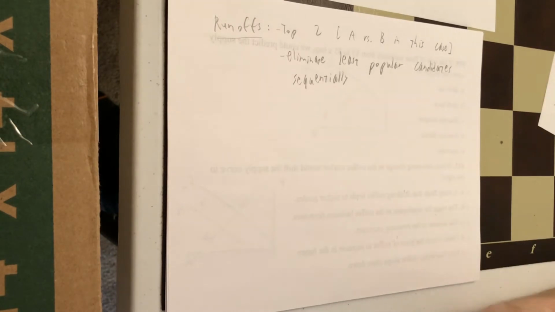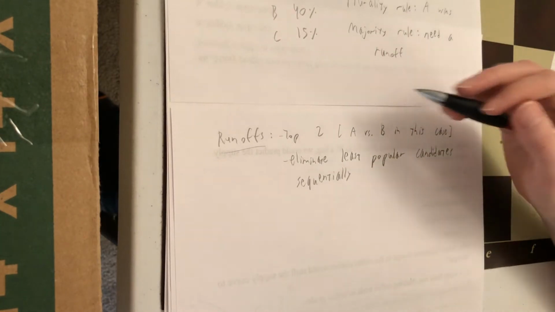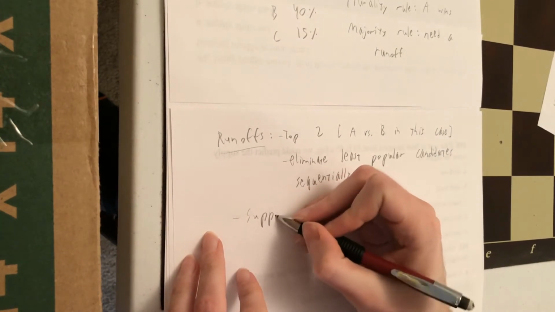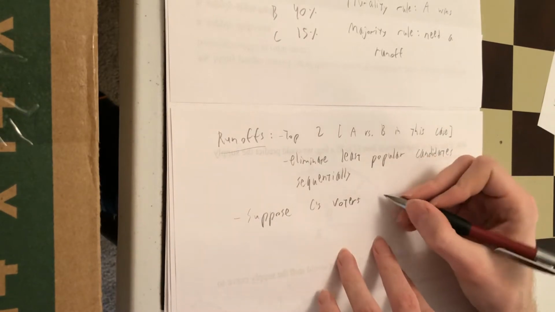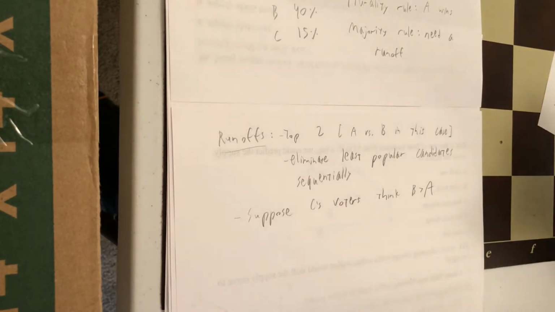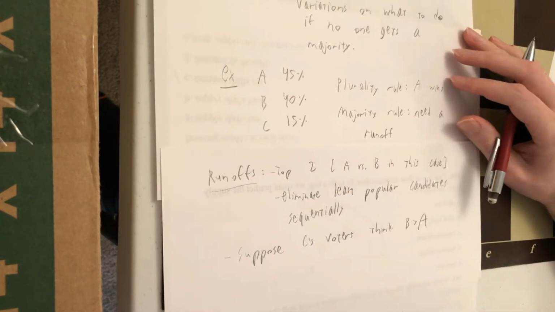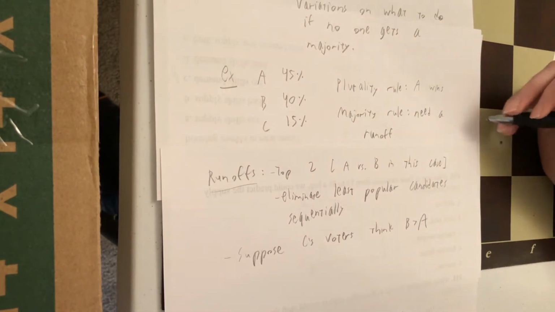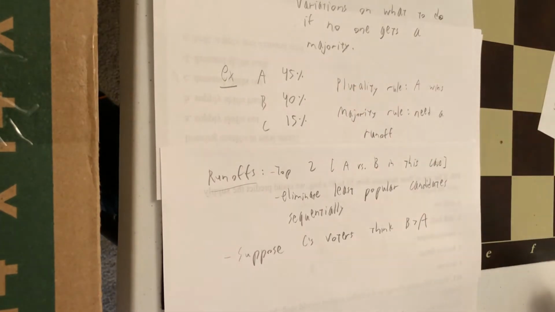Now it's possible here, in this example, that all of our C voters prefer B over A. If that happens, A would still win under plurality rule, but under majority rule with a runoff between A and B, B would prevail by 55-45.